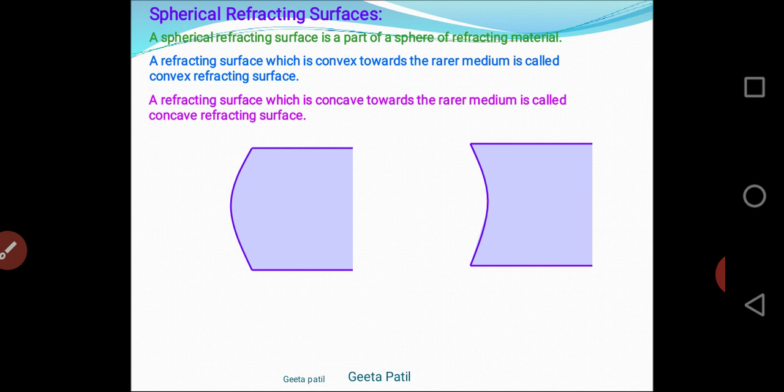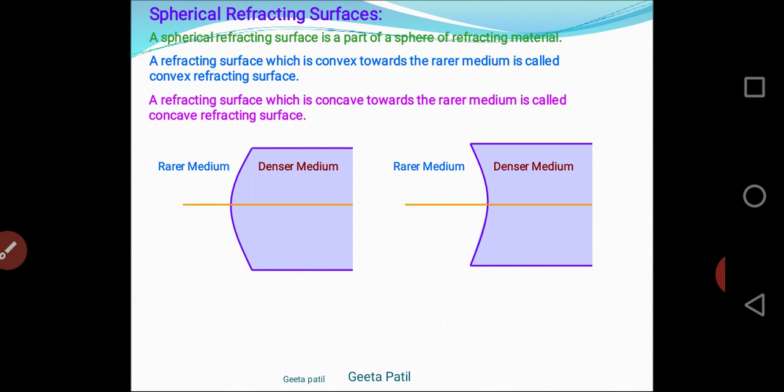We consider these two refracting surfaces. In the first case, the refracting surface is convex towards the rarer medium, known as convex refracting surface. In the second case, it is concave towards the rarer medium, called concave refracting surface.